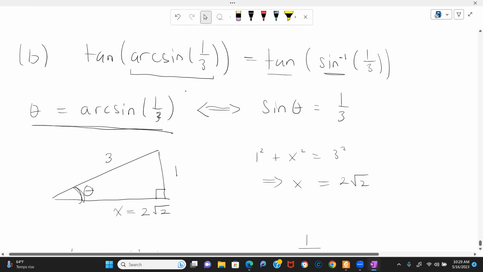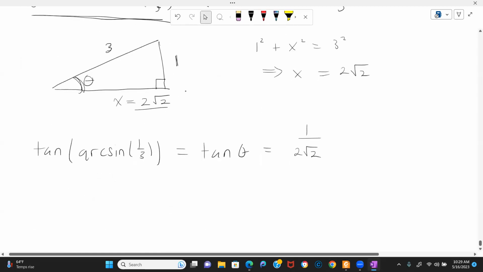So sine of theta is equal to 1/3, but we know by definition that sine of an angle is the opposite divided by the hypotenuse, and by the Pythagorean theorem, we can work out the other side. Then computing tangent of sine inverse of 1/3 reduces to computing tangent of this theta. And we know that tangent of an angle in a right triangle is just the opposite side divided by the adjacent side.